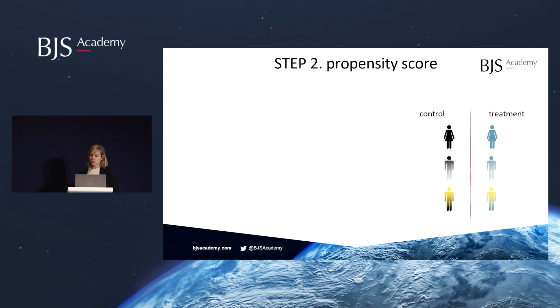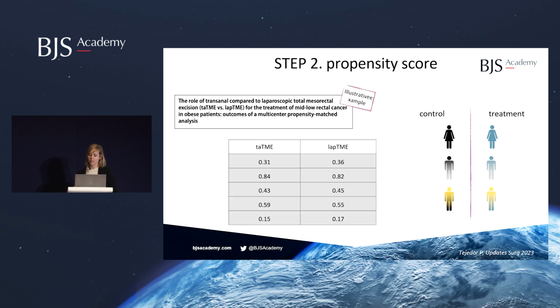Then the second step, the propensity score, will be based on the set of covariates we have selected. The propensity score will be estimated by the software, often using logistic regression. So these are our two groups, and here in each row, the propensity scores are similar. In other words, the analysis identified two patients with similar propensity score, so they are matched.